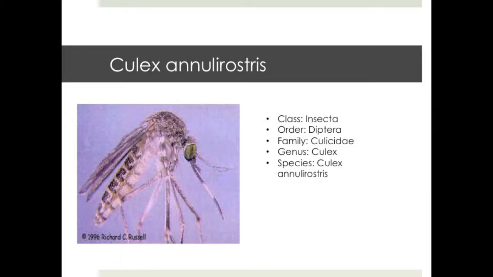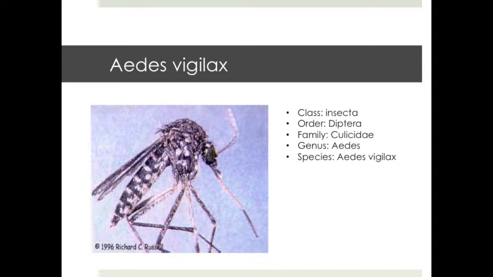The Culex annulirostris belongs to the family Culicidae and the genus Culex. The Aedes vigilax also belongs to the family Culicidae and the genus Aedes.